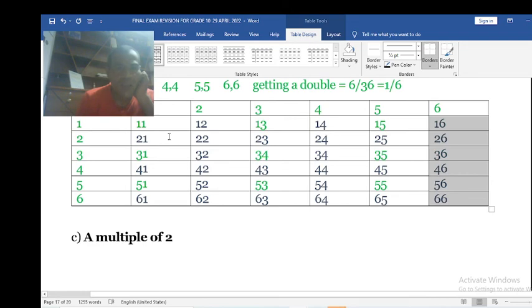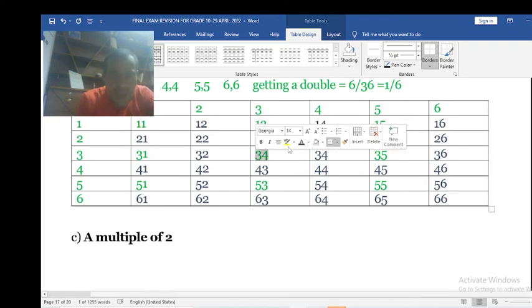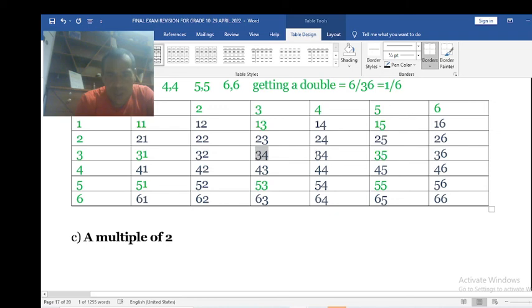Let's start counting. 1, 2, 3, 4, 5, 6, 7, 8, 9, 10, 11, 12, 13, 14, 15, 16, 17, 18, 19, 20, 21, 22, 23, 24, 25, 26, 27.